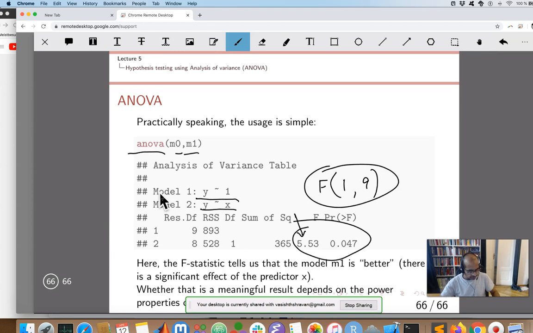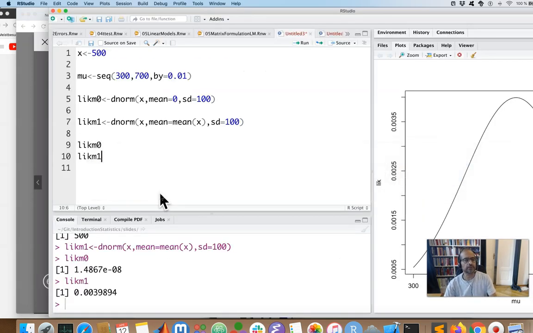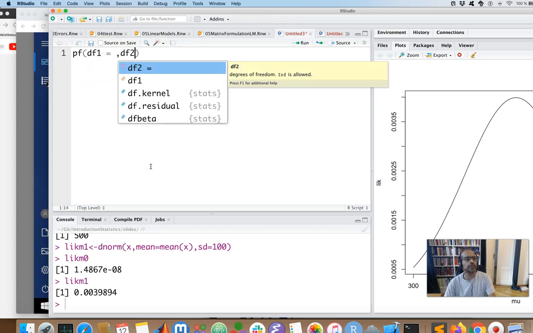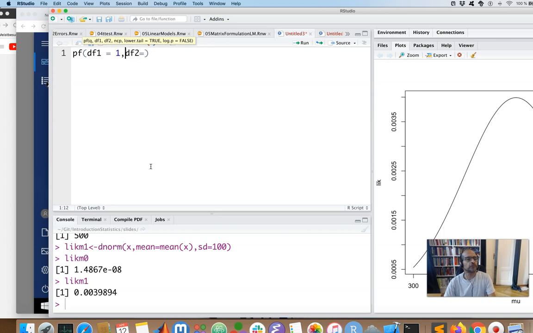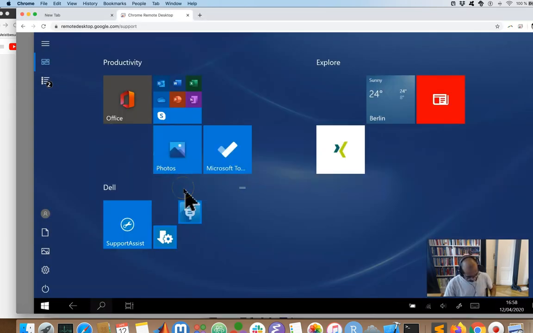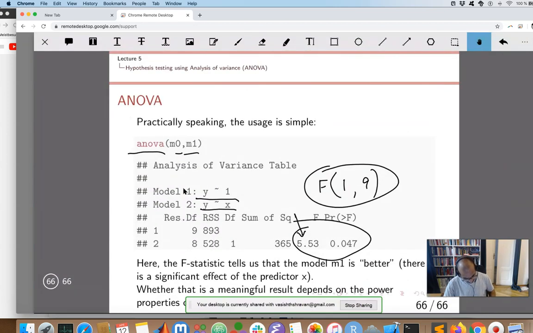Okay, so let me see if I can do this quickly and show you how this works. I hope I'm not going to embarrass myself now and get this wrong. So we're going to compute the p-value in the F distribution, where I have different degrees of freedom. I have degrees of freedom 1 for the numerator and 9 for the denominator. And what was my observed F statistic?